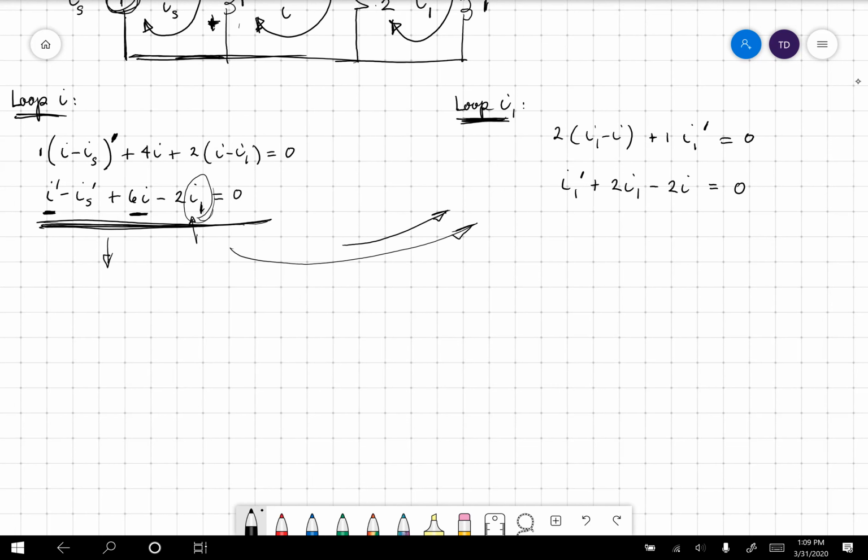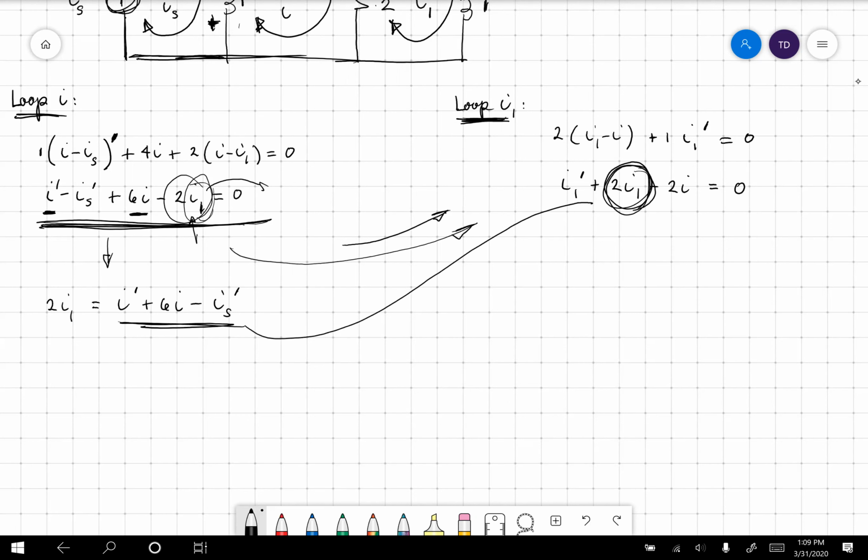Let's do that. So if I take this, bring it to the other side of the equation, first I have 2I1 equals I prime plus 6I minus IS prime. I'm going to leave that like that because I have a 2I1 over here. You see that 2I1 that I'm circling? So I'm just going to substitute all of this into that. But now I need I1 prime.